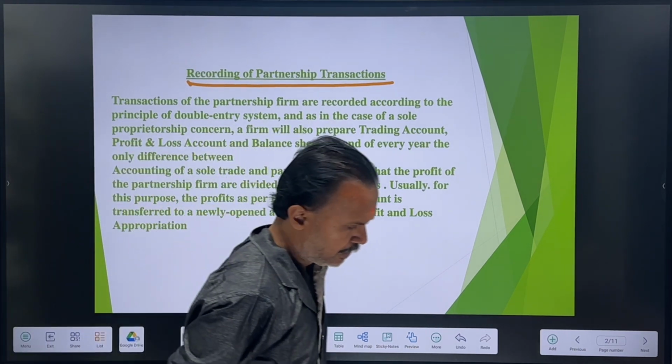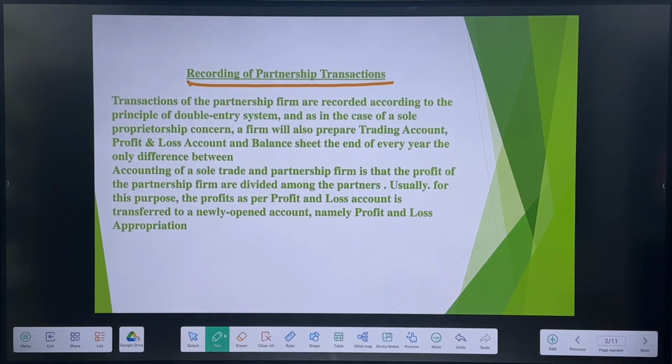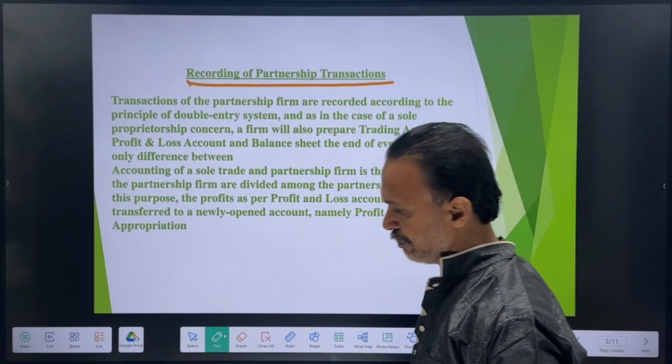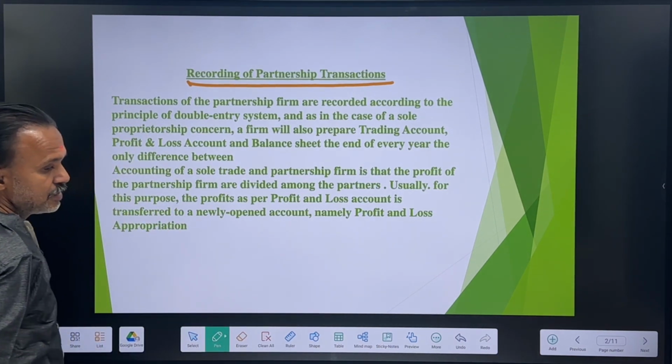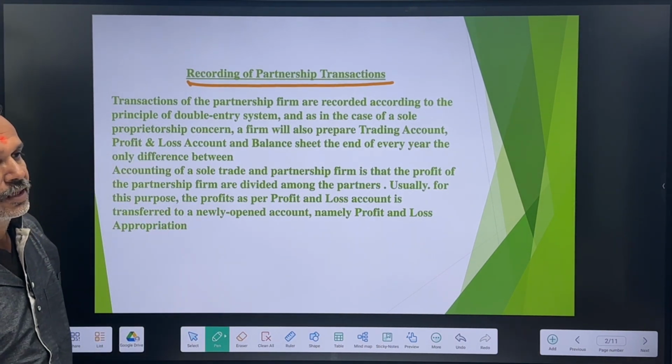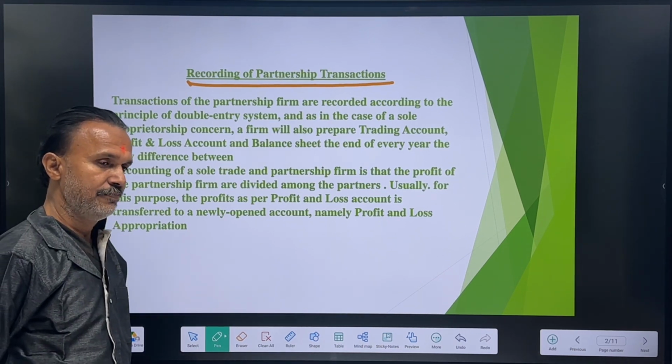Transactions of partnership are recorded according to the principle of double entry system. Like a sole proprietorship firm, a partnership concern also prepares its trading account, profit and loss account, and balance sheet.